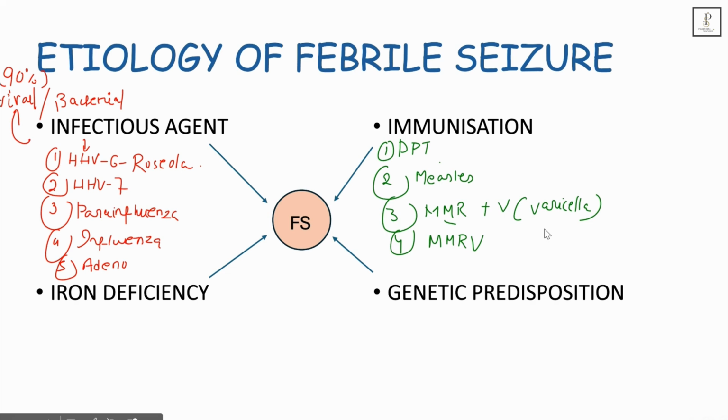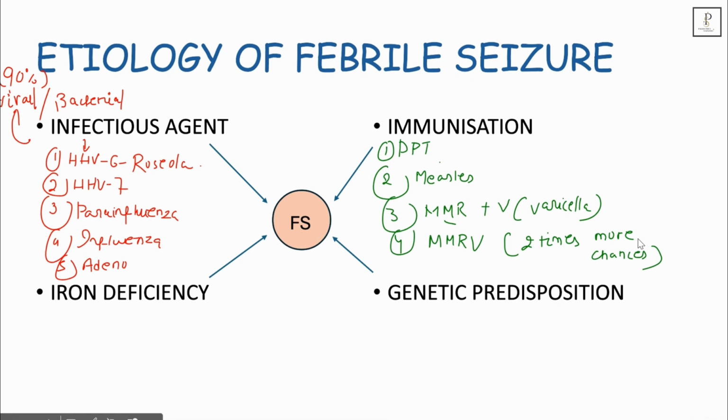But when we compare MMR and varicella given separately versus given together as the quadrivalent vaccine, the quadrivalent has 2 times more chance of causing febrile seizure.